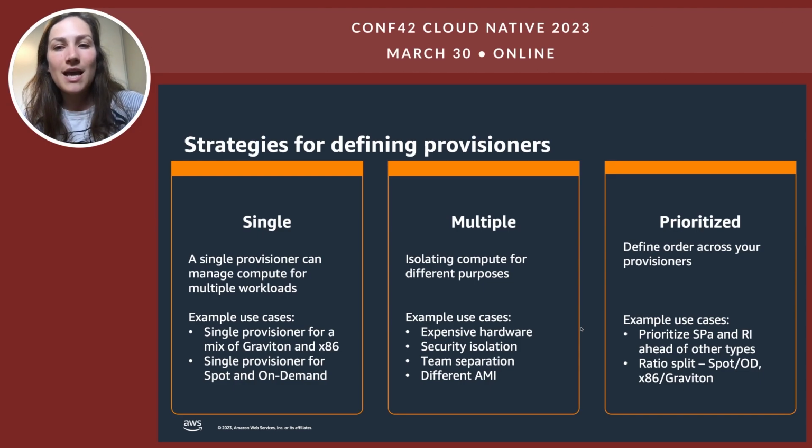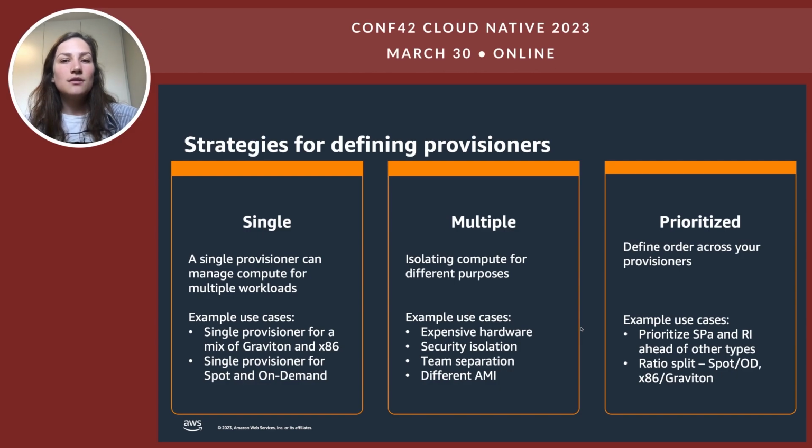For example, I can have my default provisioner use Spot and on-demand and use all the instance types available. And I can have another provisioner supporting only GPU instances for containers that require GPU, and I don't want to share these instances because they are expensive. Another option is building prioritized or weighted provisioners.